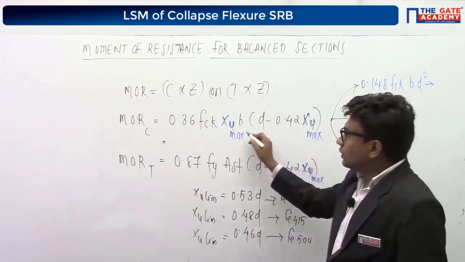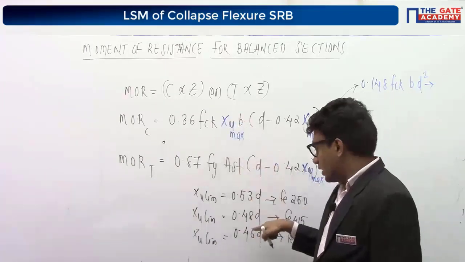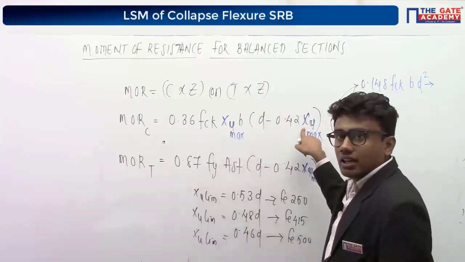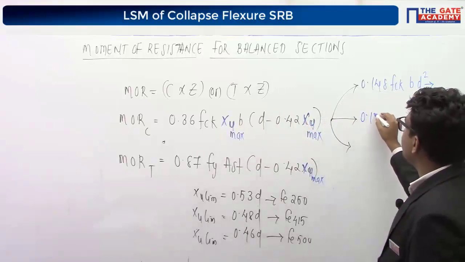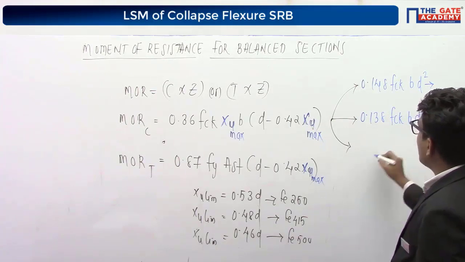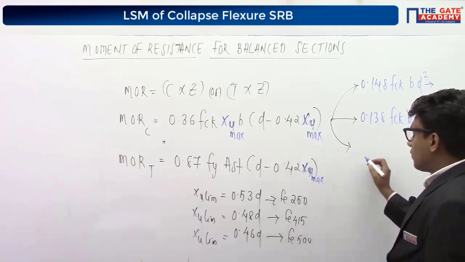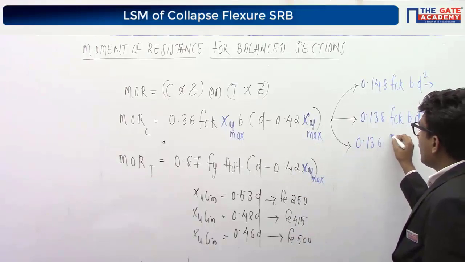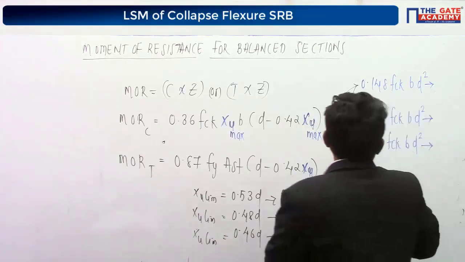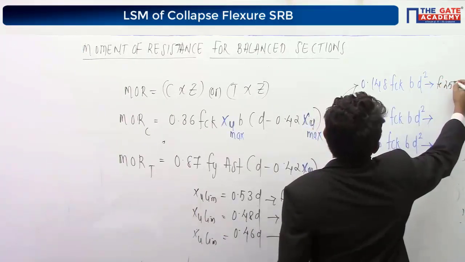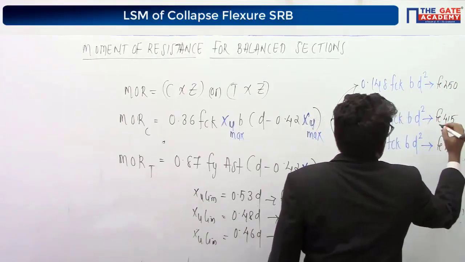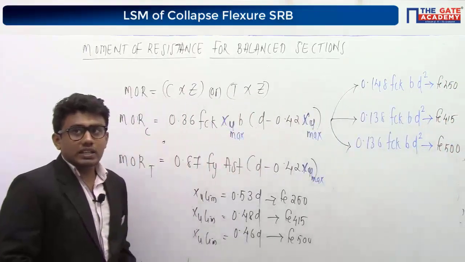Similarly, if I use the value of XU max for Fe 415 grade steel, which is 0.48D, I will be getting the equation as 0.138 FCK BD square. And similarly, for Fe 500 grade steel, it will be 0.136 FCK BD square. Remember, these are for Fe 250, Fe 415 and Fe 500 grade steel respectively.